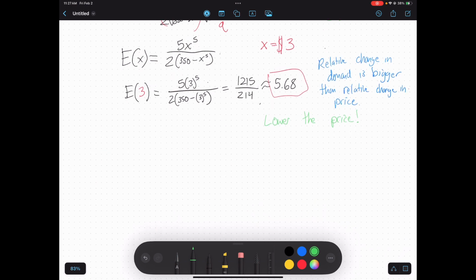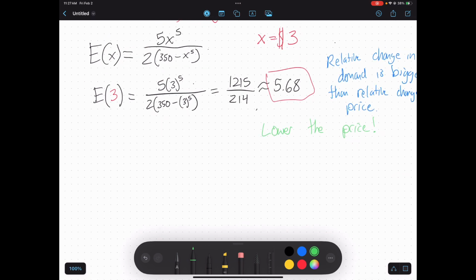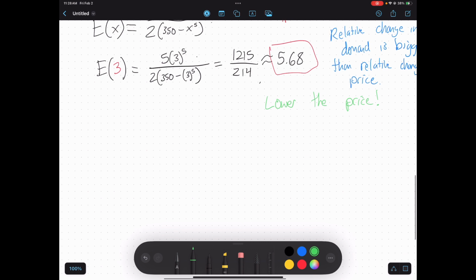Okay. So let's look at what these numbers actually mean. We actually call this, if your relative change in demand is bigger than your relative change in price, elastic. Okay. So let's go through what each of these things are. We'll start with elastic because we just finished talking about it.